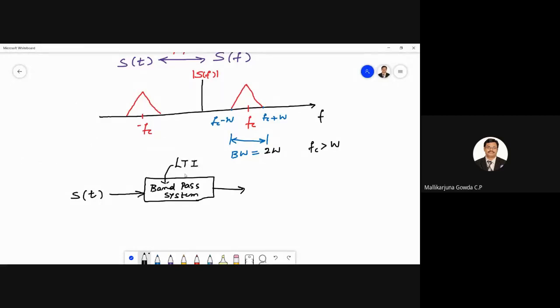I hope you all know what an LTI system is: a linear time invariant system having an impulse response.